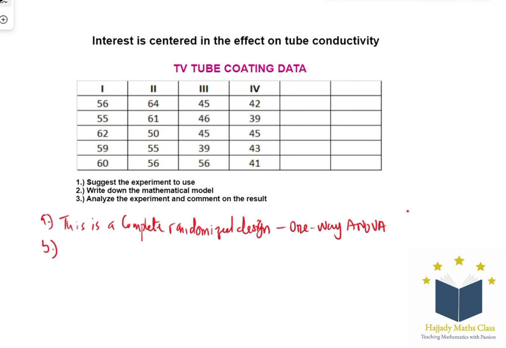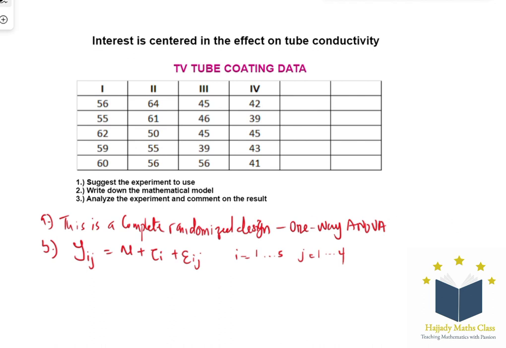The model for the CRD will be Yij equals mu plus tau i, which is the treatment, plus the error term, Eij. Don't forget that my i is from 1 to 5 and my j is from 1 to 4. So we have j from 1 to 4 and i, the rows, is 5.